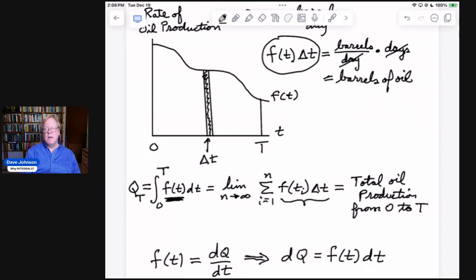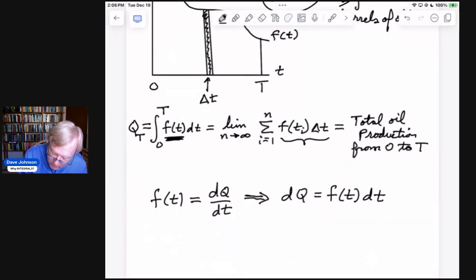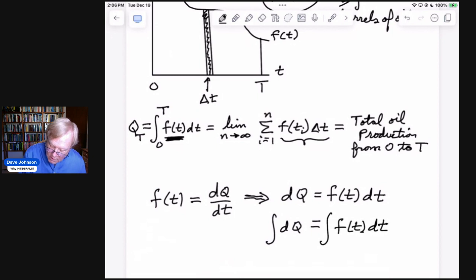If you're doing an integral, that's really what it is. It could be the rate of dollars per day. It could be charge per volume, so some sort of rate. And now if we integrate both sides, so I'm going to integrate the dQ, that's the same as integrating the f of t dt.